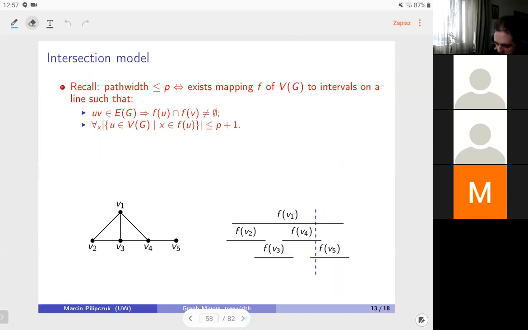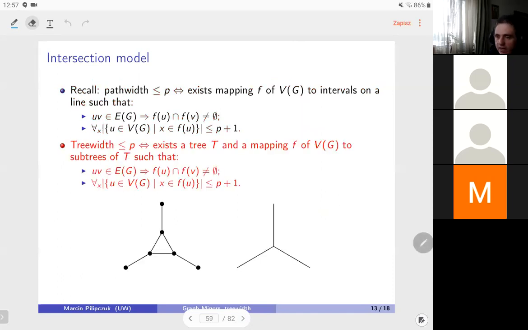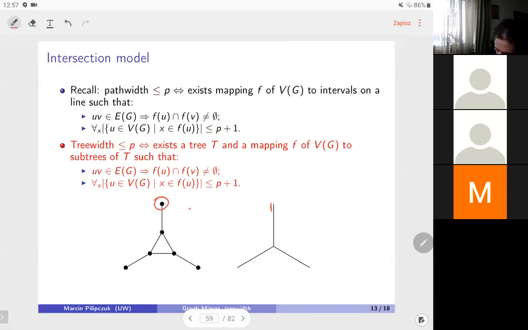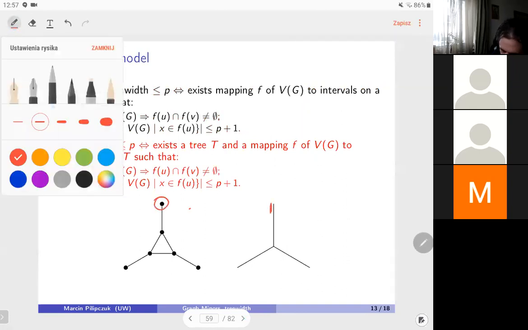You can also engineer back the tree decompositions to this intersection model. You can have a different way of looking at tree decompositions, having an actual tree, a topological object with lines, and every vertex is mapped to a subtree. On this picture, which is a very simple one, this vertex will become a small interval here.